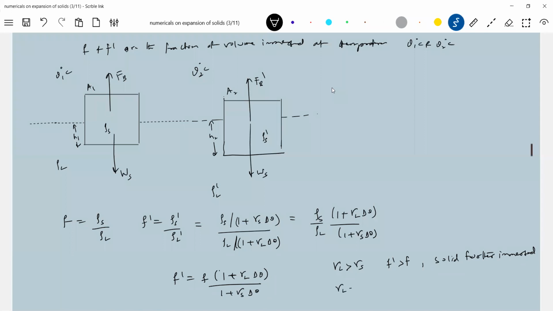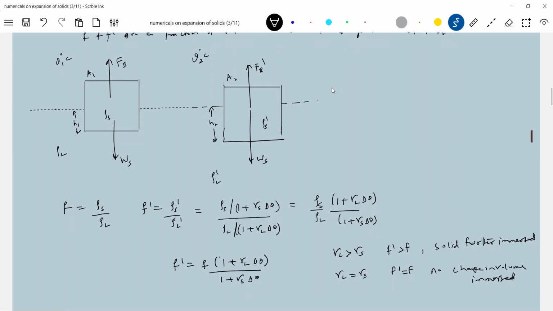If gamma L equal to gamma S, F dash equal to F, no change in volume immersed.